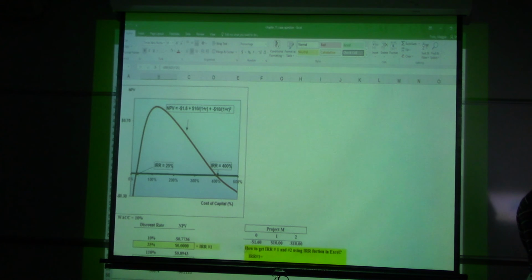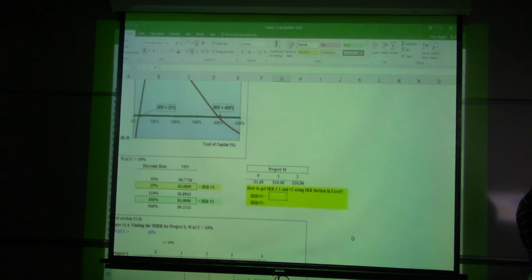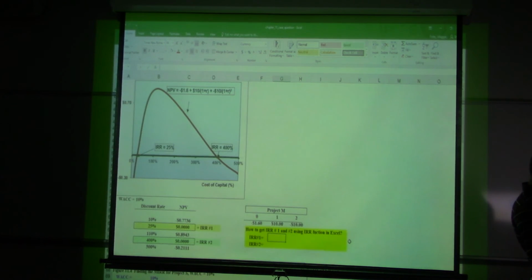But here the curve went up and then down. This bell-shaped curve is not the typical IRR NPV profile. The discount rate NPV profile should look different. The IRR is the rate at which NPV equals 0. Look at this NPV discount rate profile: the x-axis is the discount rate, and the y-axis is NPV.